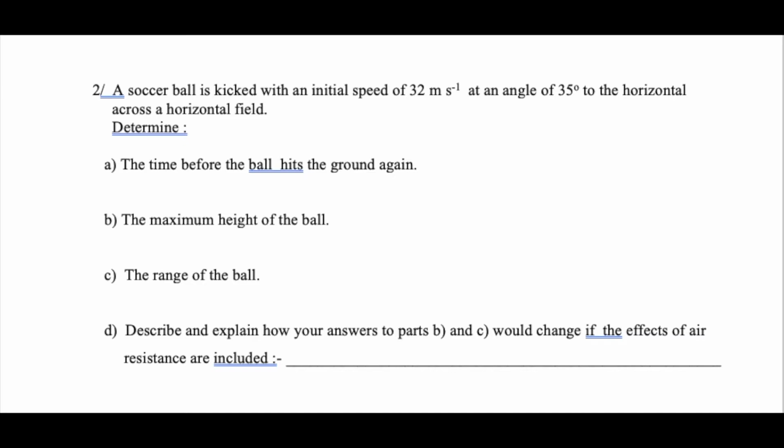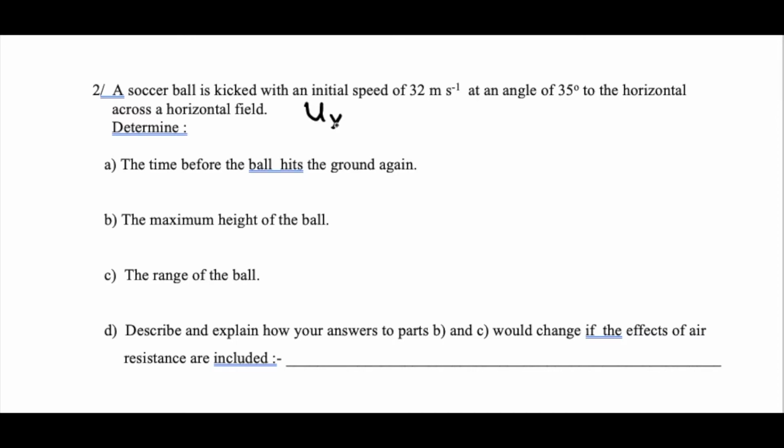2. A soccer ball is kicked with an initial speed of 32 meters per second at an angle of 35 degrees to the horizontal. Determine the time, the maximum height, and the range. So, let's calculate ux and uy as usual.